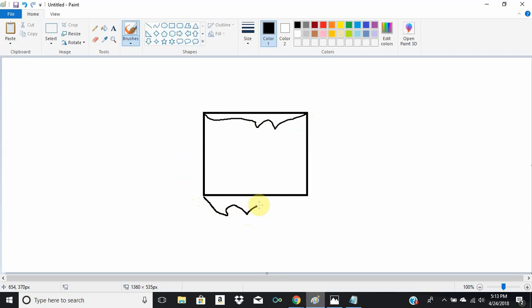I'm not really good at doing this, but it looks sort of like this. And as you see, it was taken to the other side and it was flipped, so it's pointing the other way.